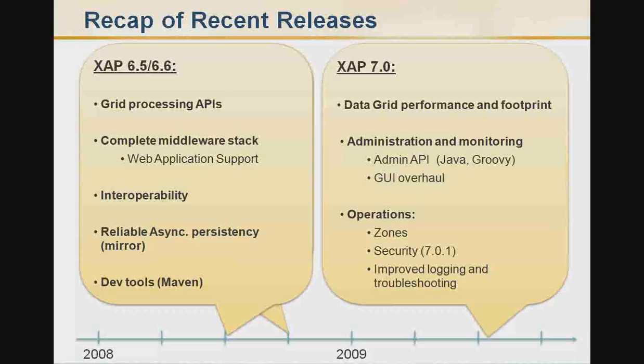We introduced in 7.0 the administration monitoring API, a very extensive API to both interact with the runtime cluster and get statistics on it. We've done some major overhaul to our user interface to be able to provide much more detailed and concise information on what you're seeing and how to monitor your applications. And we've done some nice improvements that help operational teams to manage and deploy GigaSpaces applications.